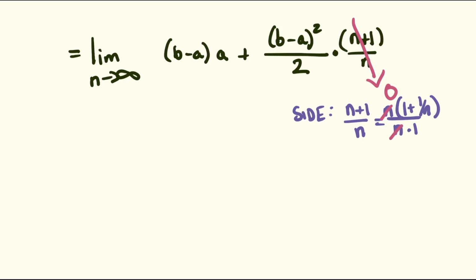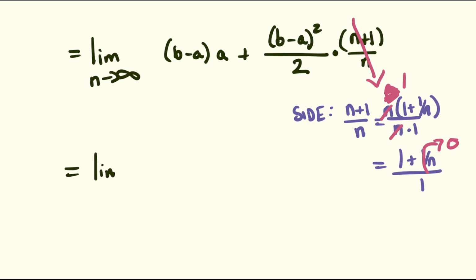Our n's cancel out, and this is (1 + 1/n) over 1. The 1/n as n goes to infinity goes to 0, which means your entire bit ends up being 1 over 1. And I wrote 0 here. I meant 1. There we go.